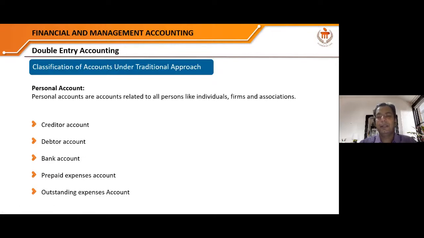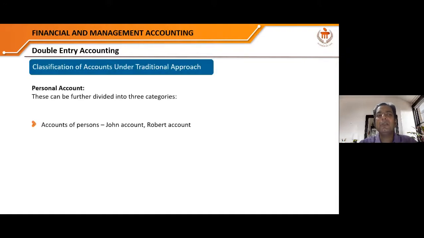Right? Moving further, from personal accounts, we talked about the real, again, sorry. So, getting into more details into these personal accounts, they can be categorized into three categories, right? We can have an account of persons. As you saw, we had debtors account, creditors account, and they can be with the name of persons, organizations, entities.